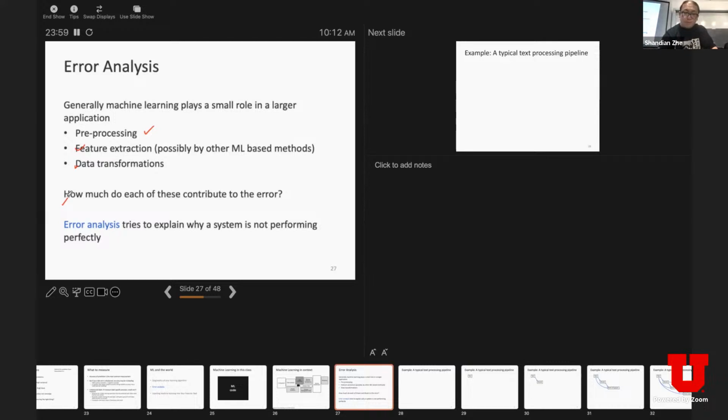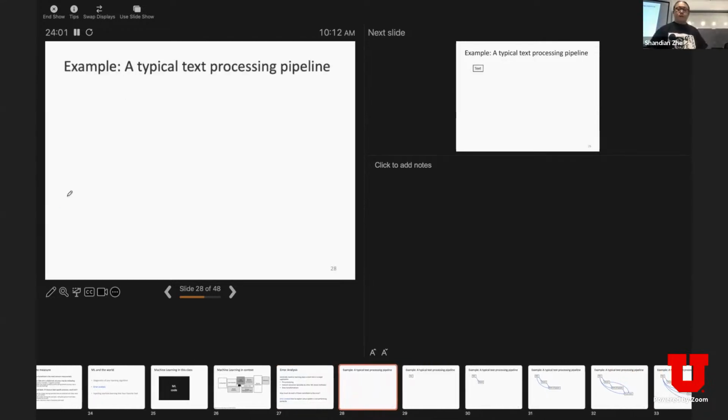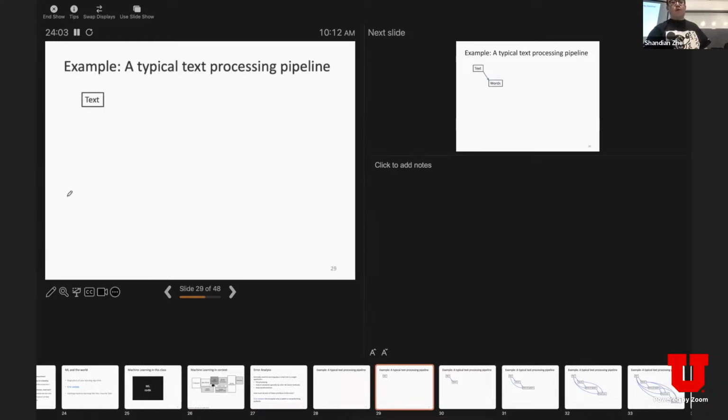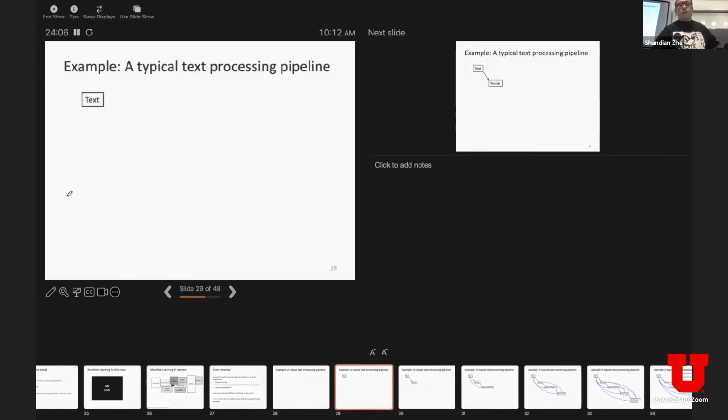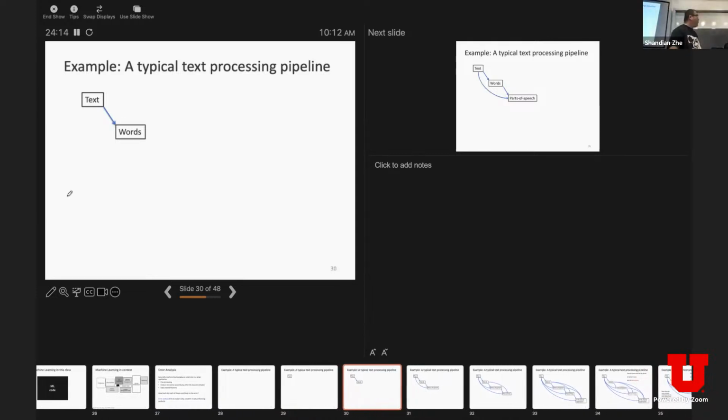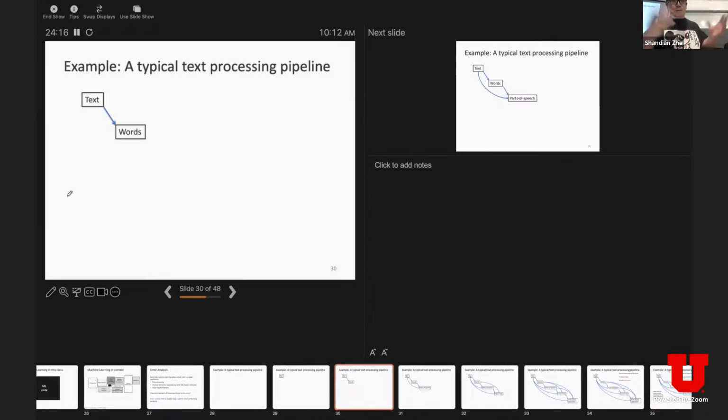Okay? So here we give an example, a typical text processing pipeline. So I got a piece of text, maybe just a news document, maybe several web pages. I want to first do the words extraction. Then I do the stemming.